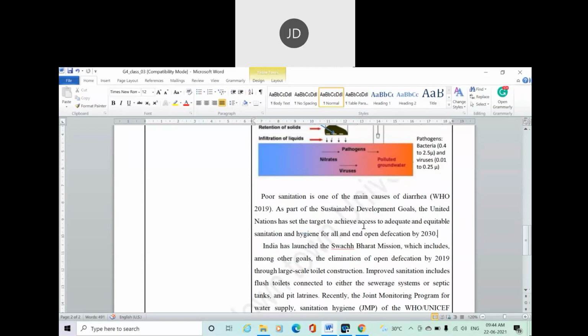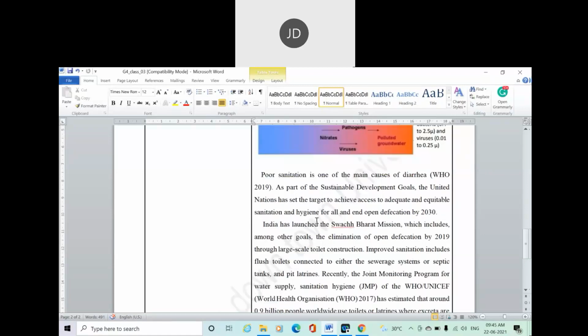So even though on the international platform WHO in 2019 targeted to eliminate open defecation and to provide adequate water supply and sanitation to each and every household in every country by 2030, considering the depth of the situation, India has launched the Swachh Bharat Mission.